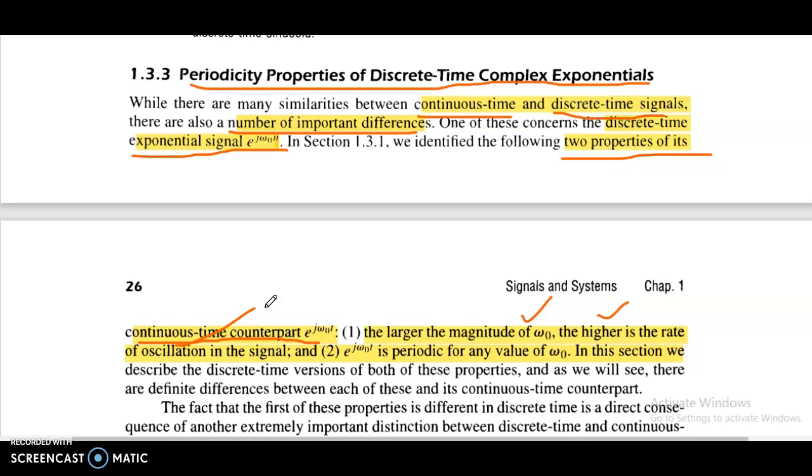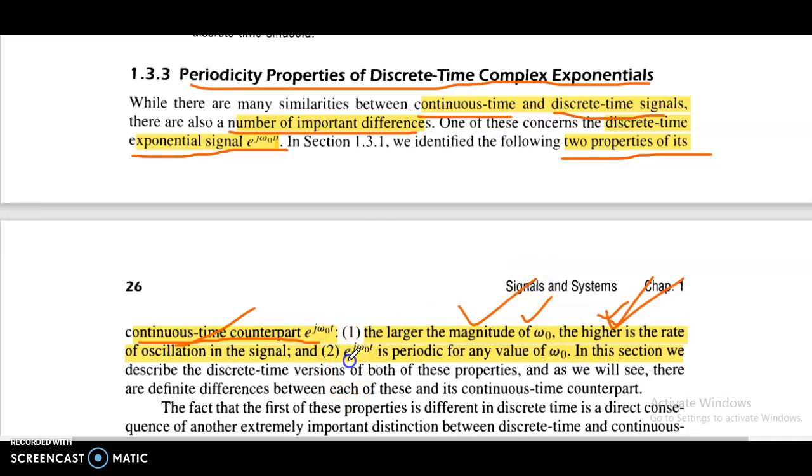The rate of oscillation is higher for the larger magnitude of omega naught.